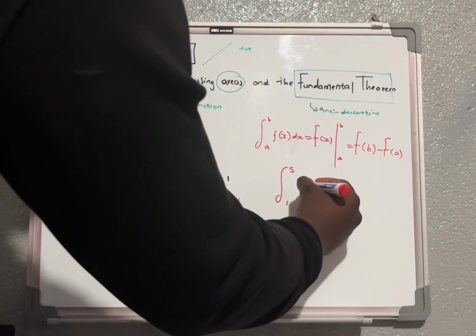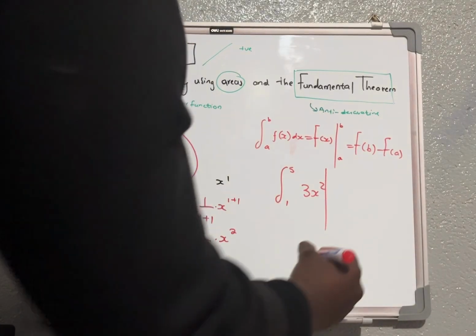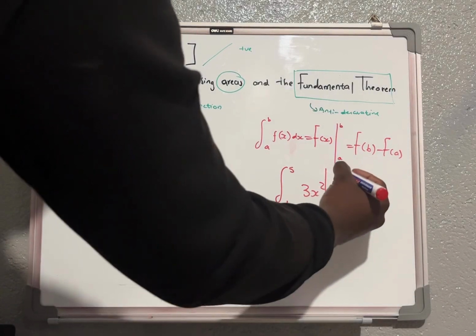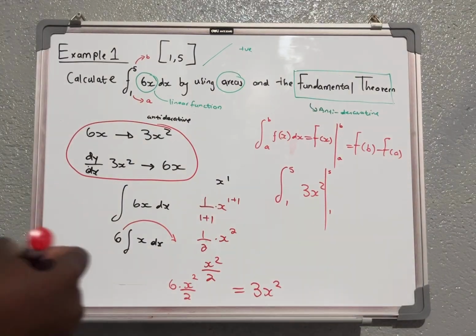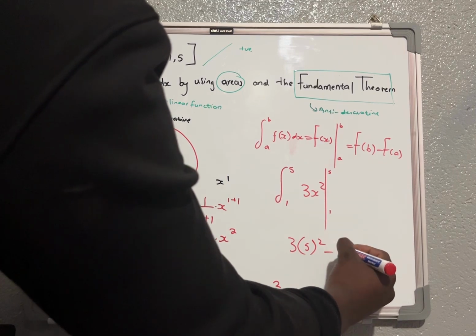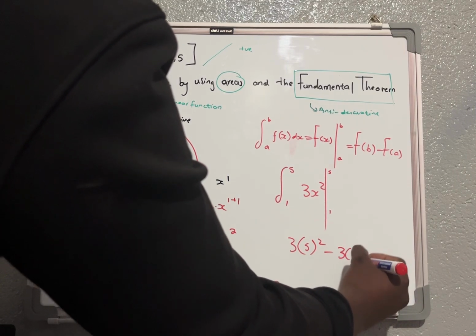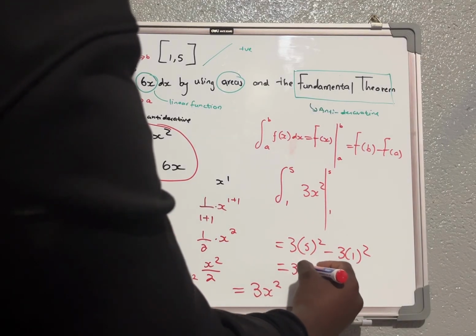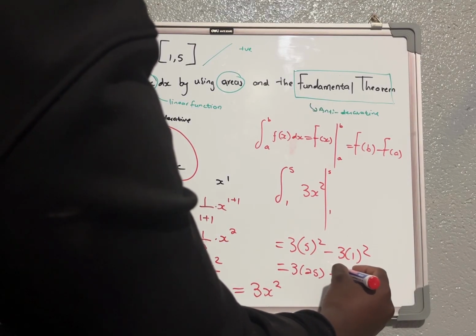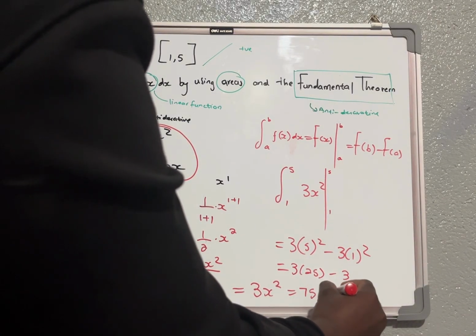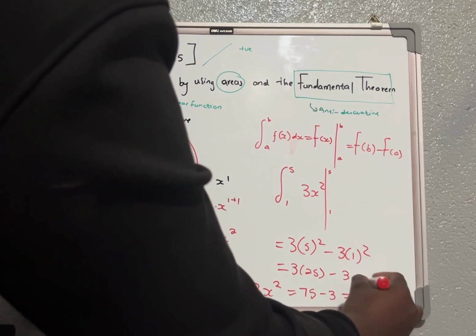Then we're going to be having that 3x squared between 1 and 5. Then you will say you have your 3 into your 5 squared minus your 3 into your 1 squared. Then you have your 3 multiplied by your 25 minus your 3. Then this is the same as having your 75 minus your 3, then this gives you 72.